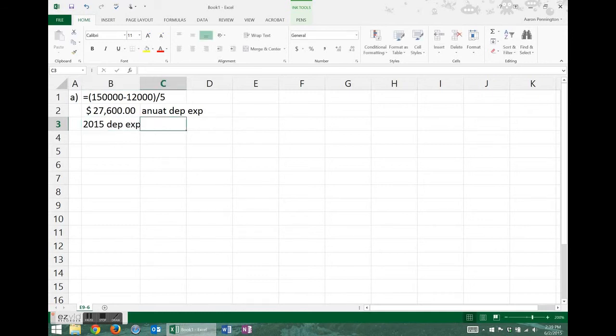In part B, units of activity. We'll start off the same: purchase price less residual or salvage, except this time we're dividing by the total units of activity during its useful life, which are 10,000.